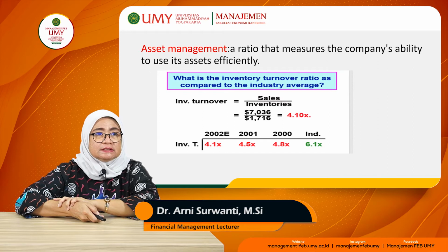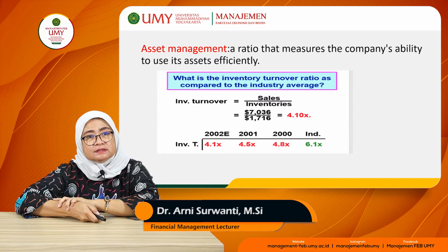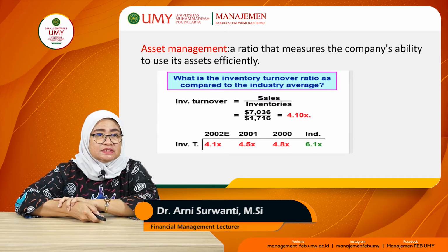With historical data, they can use the data from time to time, or they can compare the data with the industry data, so they can compare in a certain period with another company or the average of the industry.